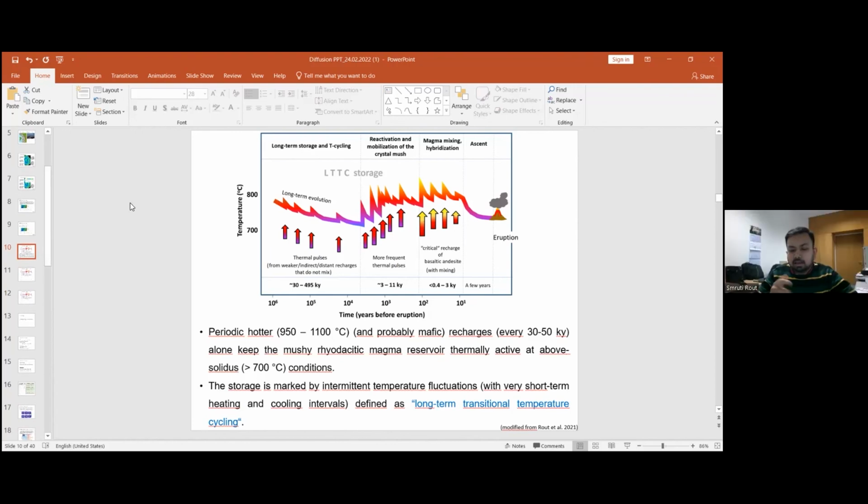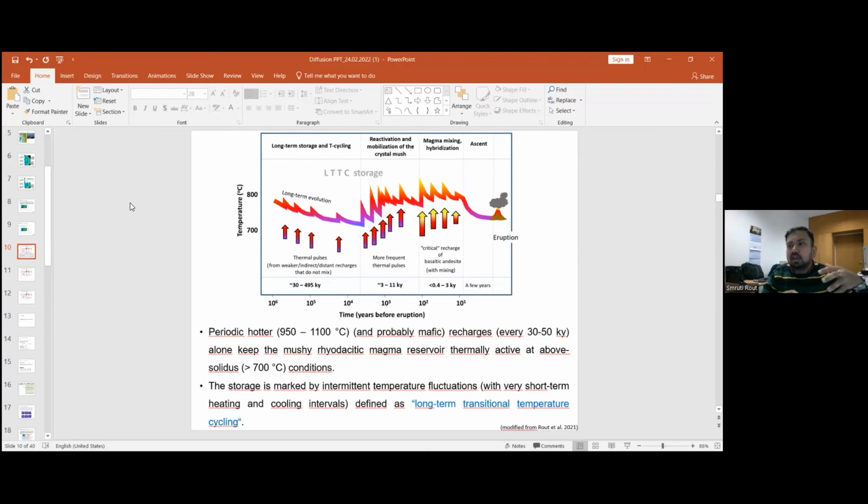Yeah, and when I tried a little bit to look at that, as far as I see as of now, it seems like 25 to 40% of the size of the magma reservoir seems to be a good estimate for the pulse.